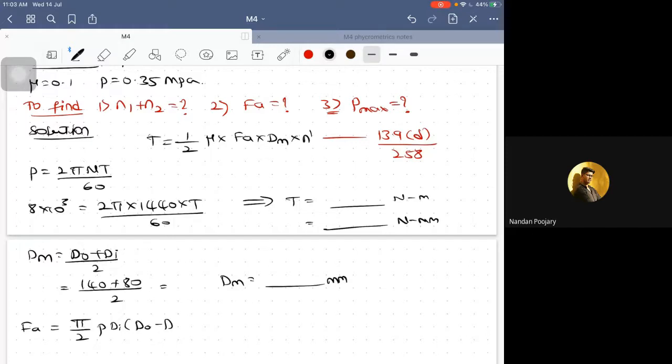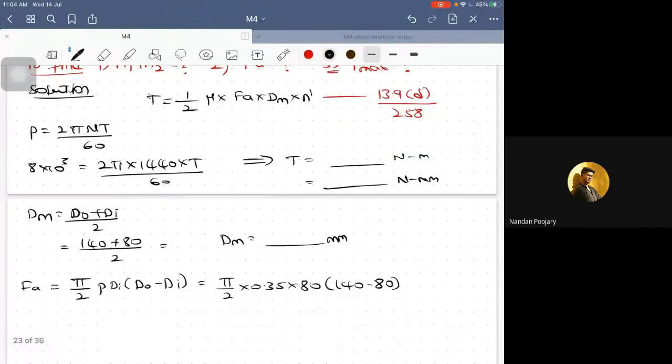So that is equal to pi by 2 cross 0.35 cross Di, value is 80 into 140 minus 80. Whatever you get, the value of Fa, this would be in newtons. Can I have all these values? Torque, Dm and Fa.